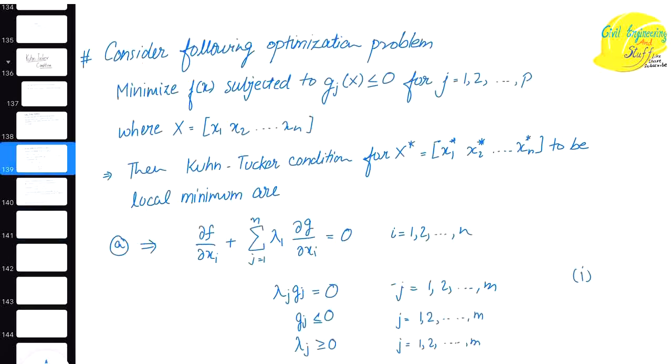Okay, the second case is lambda j gj equal to 0, right? This is our case B. So lambda j gj, that is j is 1, 2, that is lambda 1 for constraint 1, lambda 2 for constraint 2.